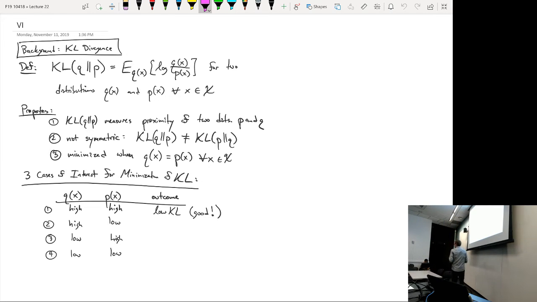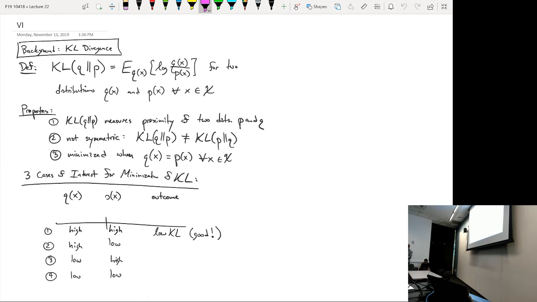I just had a question, what do you mean by high and low? It's not a single point, right? Like the entire distribution could be high somewhere, low somewhere. Yes, so let's actually make that explicit.